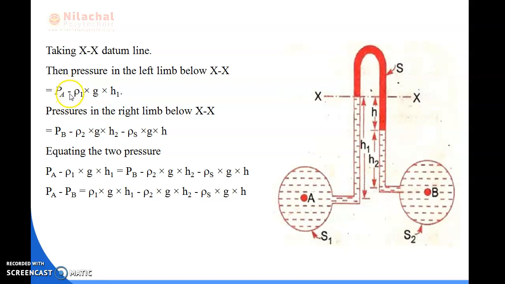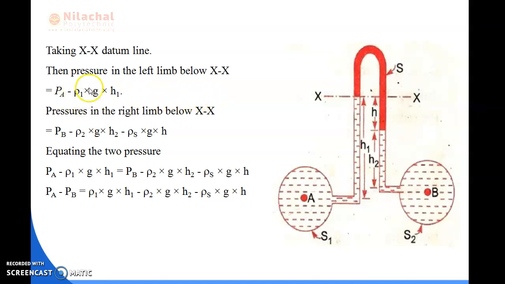In the previous case, like the U-tube manometer, you were considering the pressure above the bottom line, so you were adding the pressure. But here, you are taking pressure below the bottom line, that's why you are giving the minus sign.